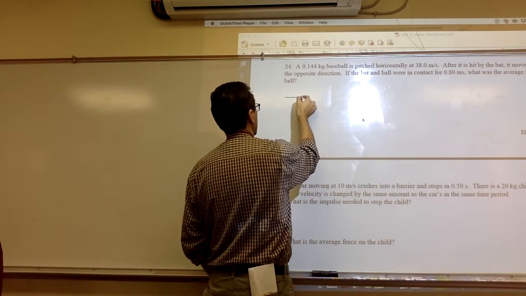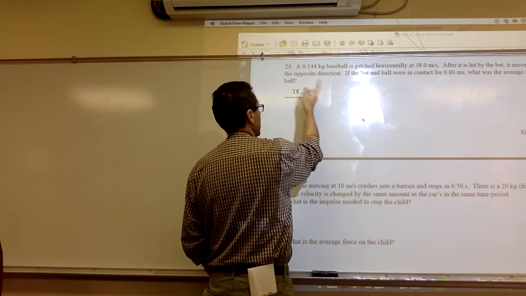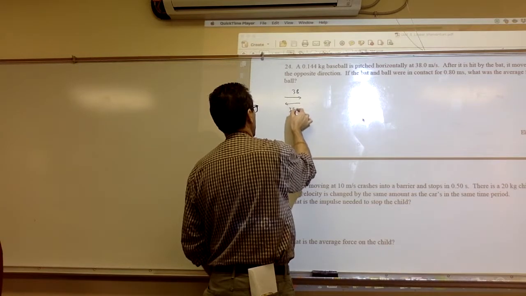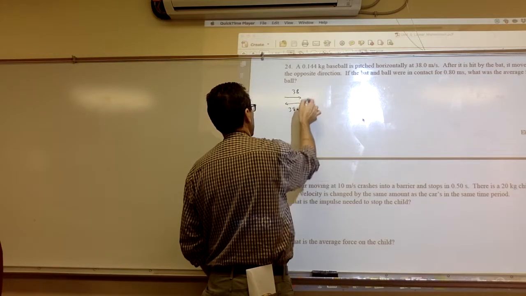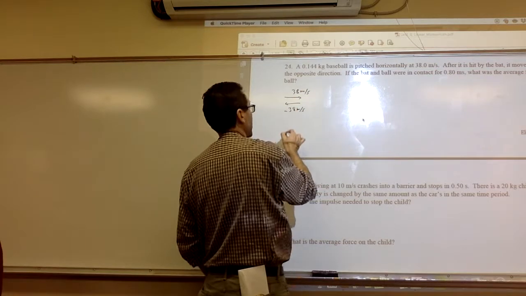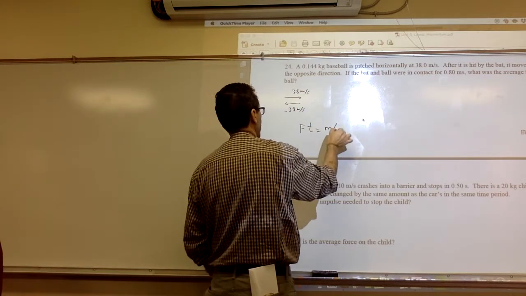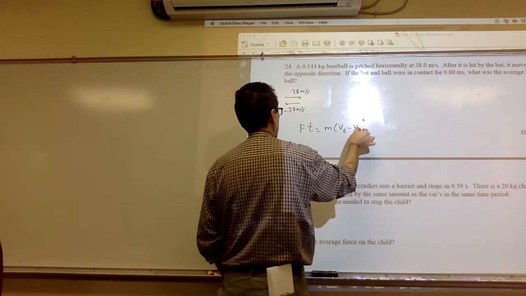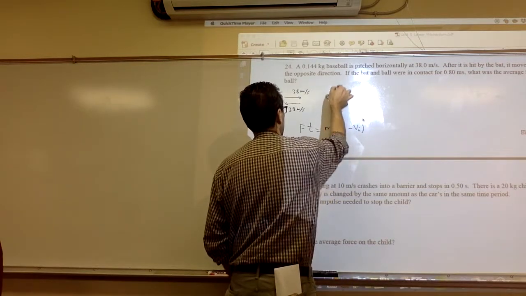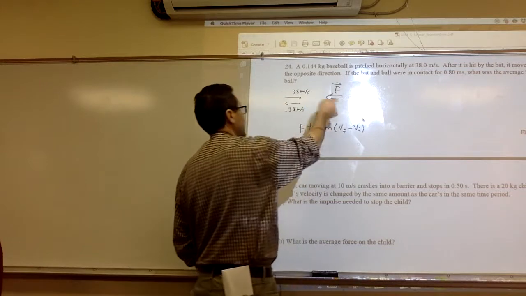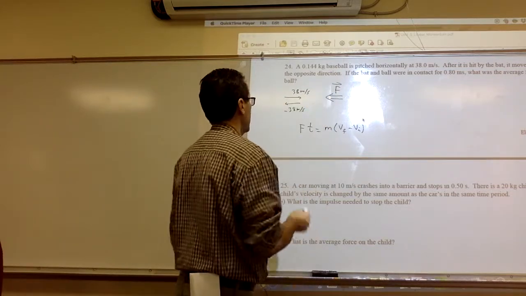So we go in at 38. I'm going to look at right as positive. We're leaving with 38, but in the negative direction. So I'm going to say Ft is m times v final minus v initial. In other words, the force is in this direction here. So if right is positive, I should end up with a negative number.